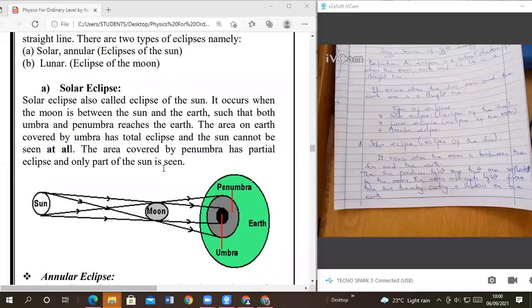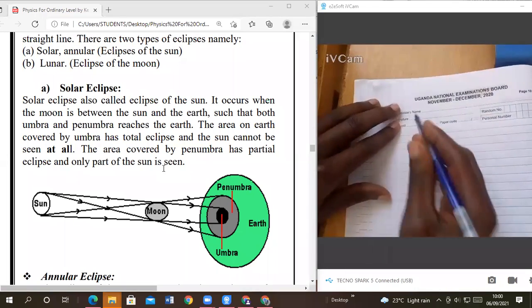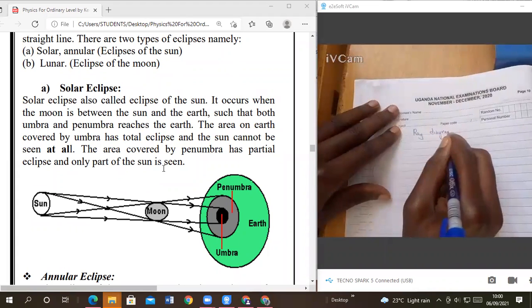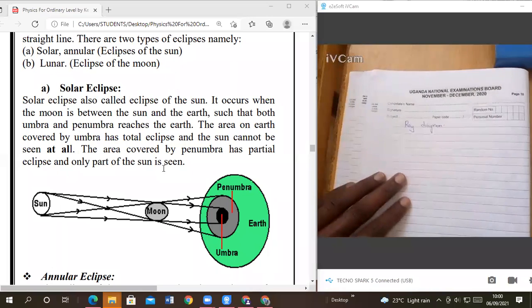So let's go and see how we draw the ray diagram. Members, are we together? Yes. Okay.